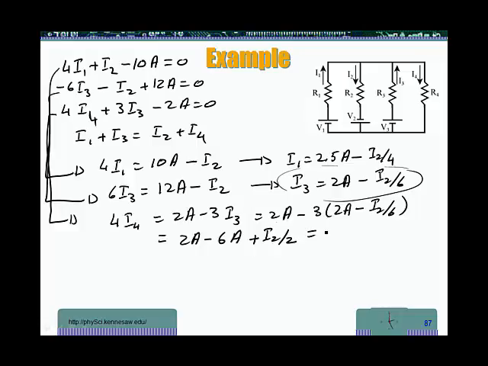And this is equal to minus 4 amps plus I2 over 2. So I4, dividing both sides by 4, is just minus 1 amp plus I2 over 8.